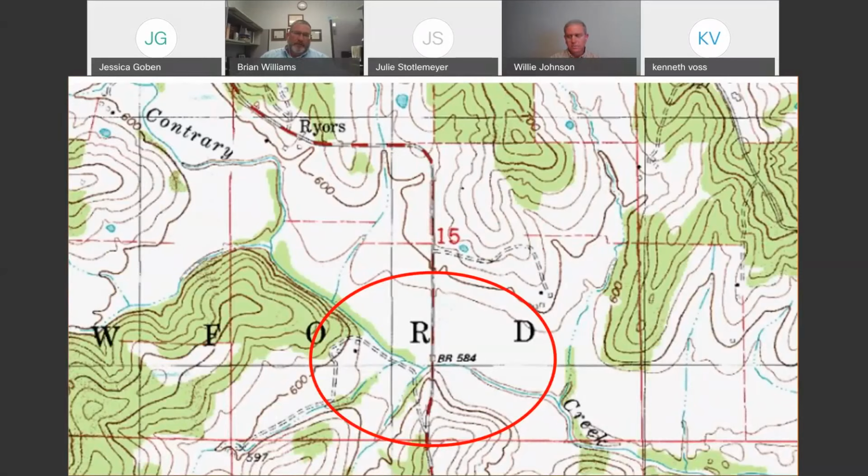You've got a valley right in here, and some valleys in here. You're going to have some water leaving in that direction. So consider that as you're looking at your BMP installation on your plans.